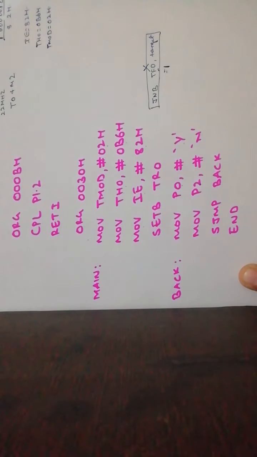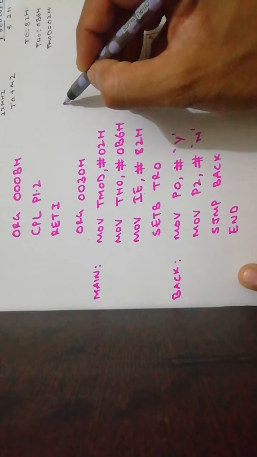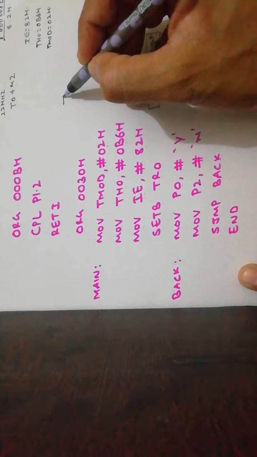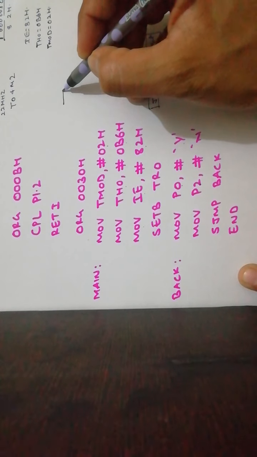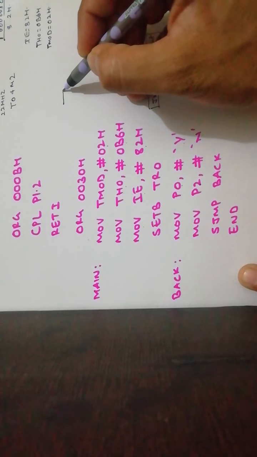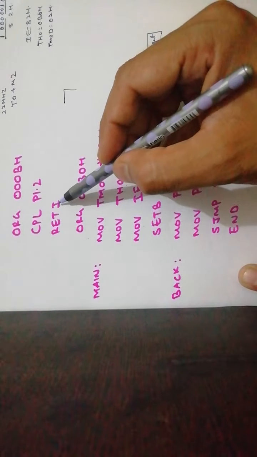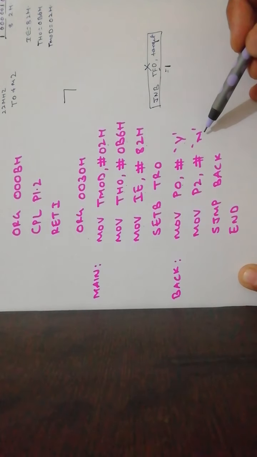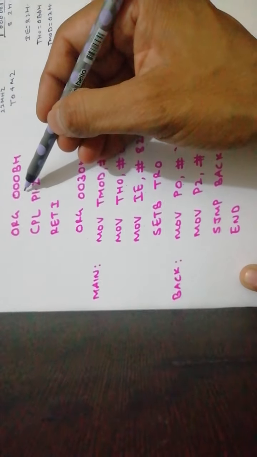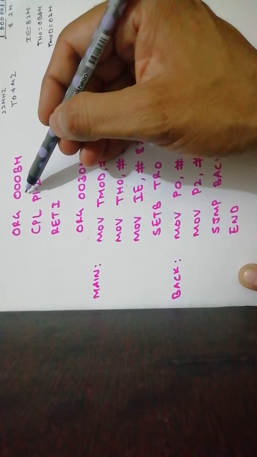So here it will just complement P1.2, initially it can be a positive or negative edge, and it will get complemented. So once TF0 is set to 1, there was an interrupt, it will jump to this 000B. This is your interrupt service routine.